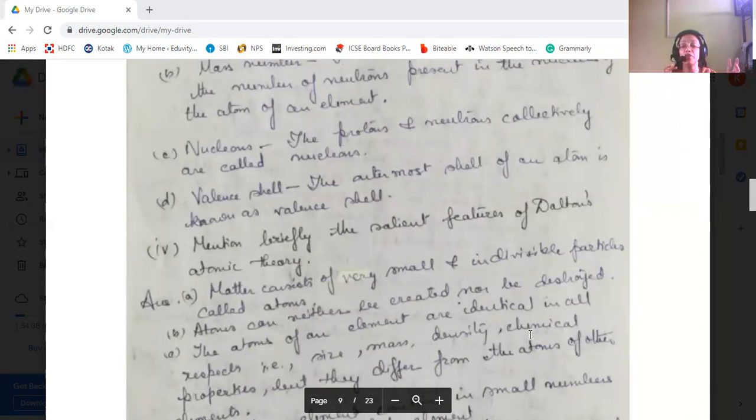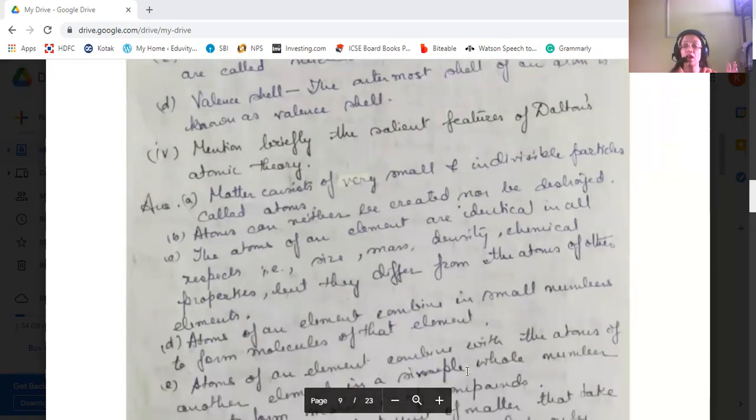Third, the atoms of an element are identical in all respects, that is, in size, mass, density, and chemical properties, but they differ from the atoms of other elements. All respects means the size, mass, density, and chemical properties are all the same for all the atoms of the same element.